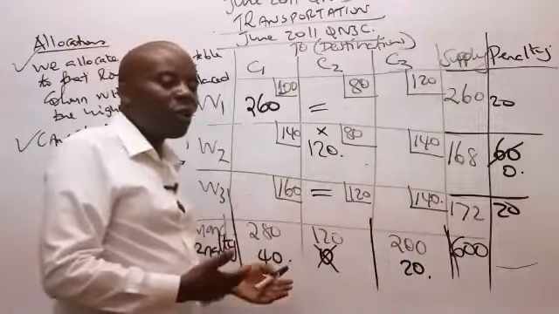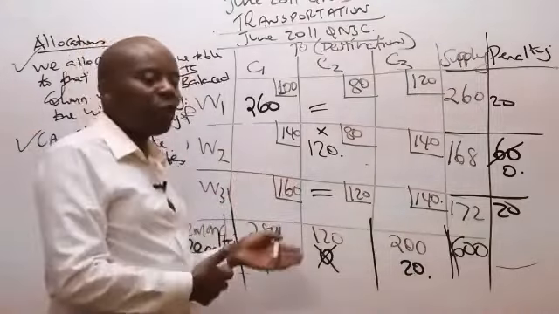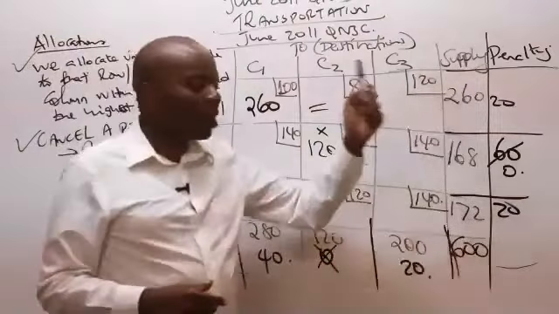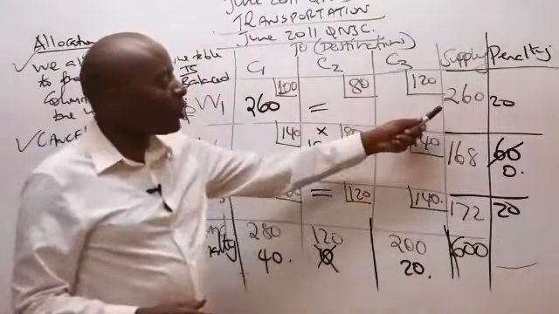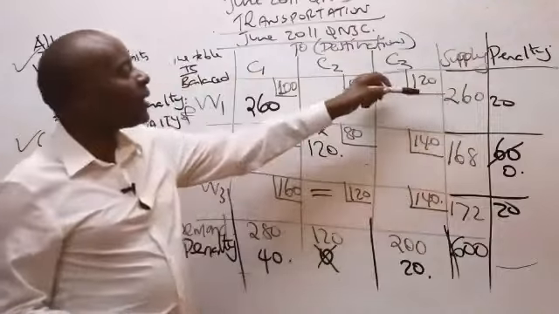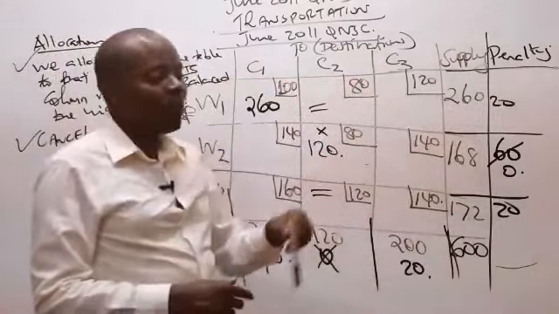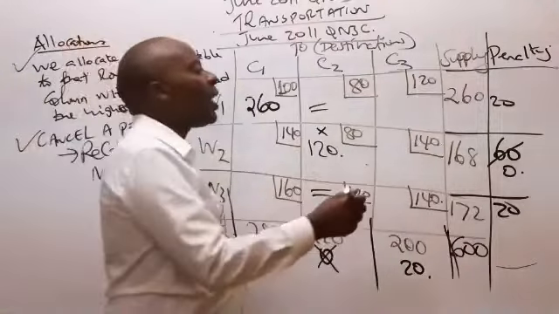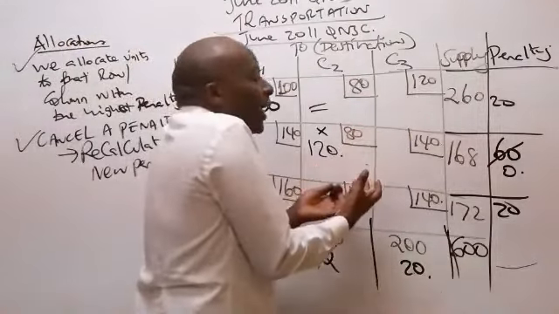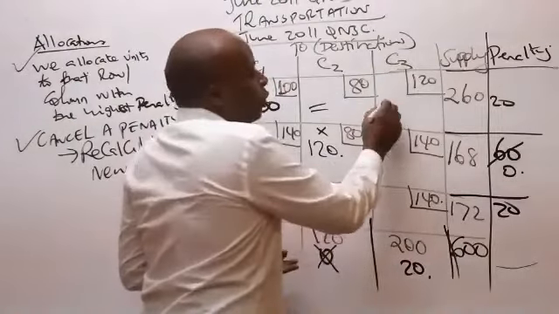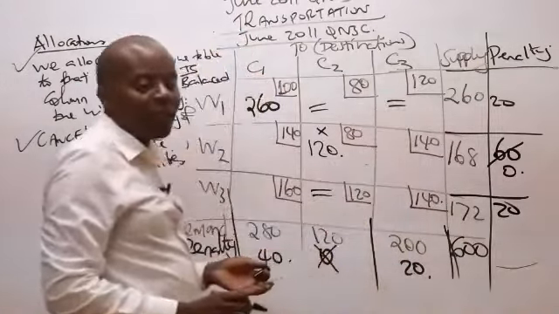Yes, I've met the row total. If I met this row total of 260, it means that any empty cell along the row whose total we have met shall never accept units in the future, so you must block it like that.